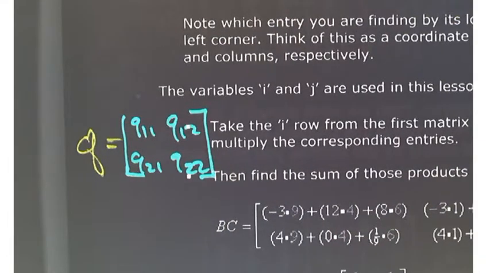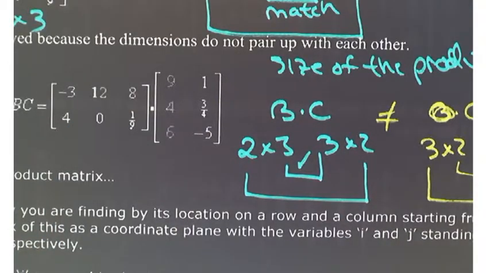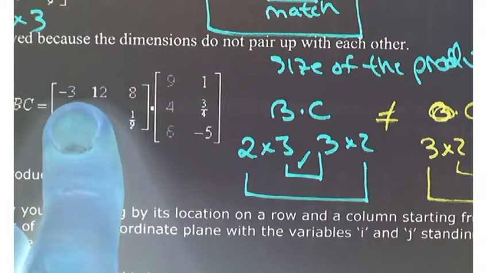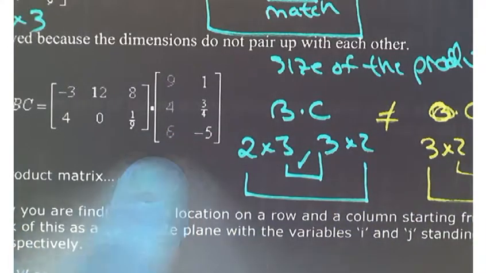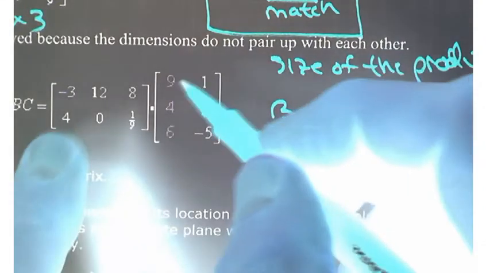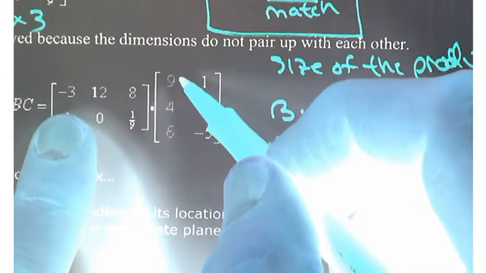So let's step back and take a look at B times C and see what that's going to mean for us. Well, this is your first row of B times the first column of C. Let's see if we can't multiply those together. Now, multiply, again, is kind of strange because it's not just a number times another number. It looks like this.